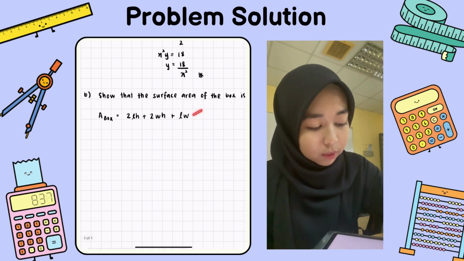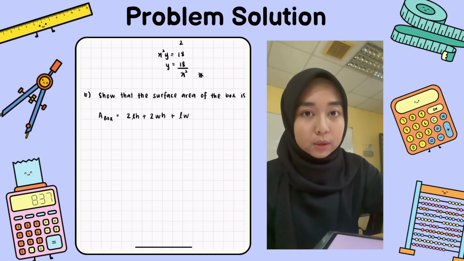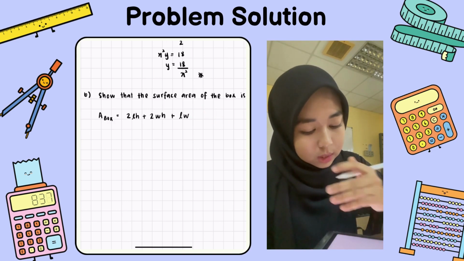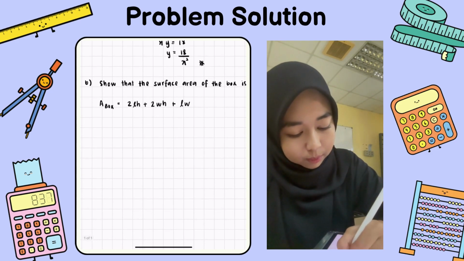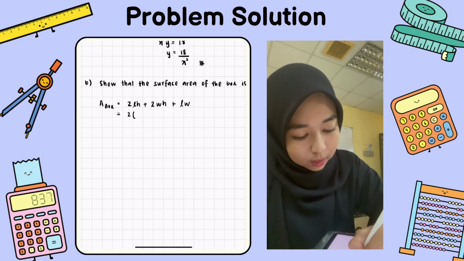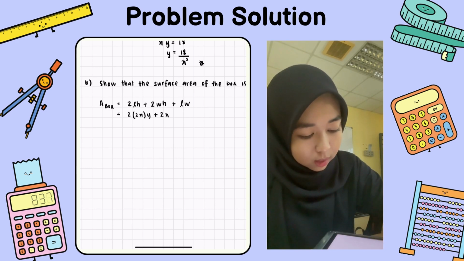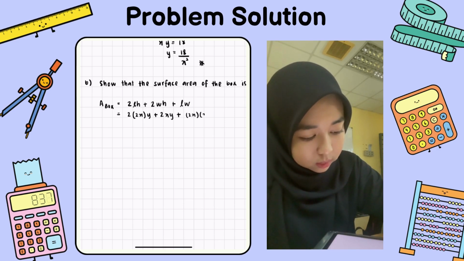Then we just need to substitute the values of length, height, and width into this formula. 2, the length is 2x, height is y, plus 2, width is x and height is y, plus length is 2x, width is x.